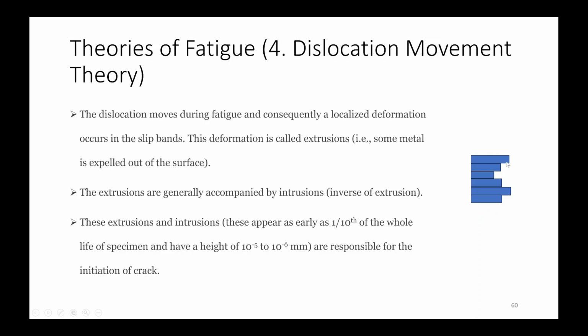This type of behavior shows the formation of a crack. These extrusions and intrusions appear as early as one tenth of the whole life of the specimen and have a height of 10 to the power minus 5 to 10 to the power minus 6 mm, and are responsible for the initiation of a crack.